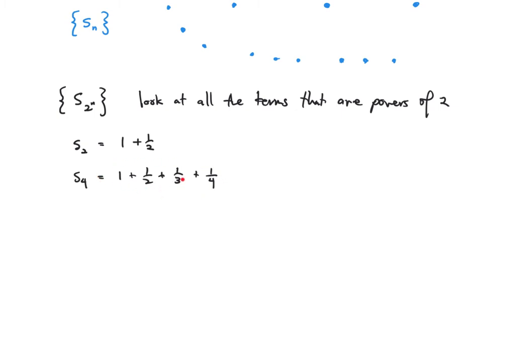If you look at this 1/3, it is bigger than 1/4, because the denominator is smaller. So I can say this is bigger than 1 plus 1/2 plus 1/4 plus 1/4, and that thing sums up to 2, right?